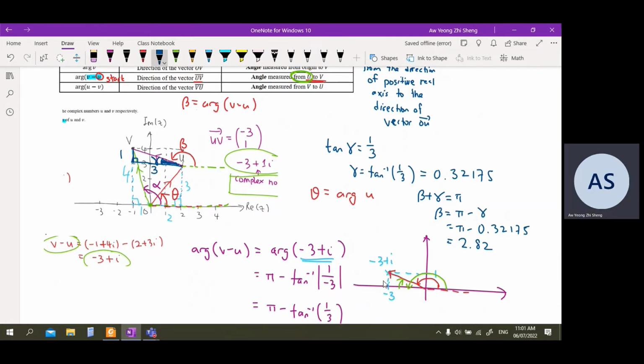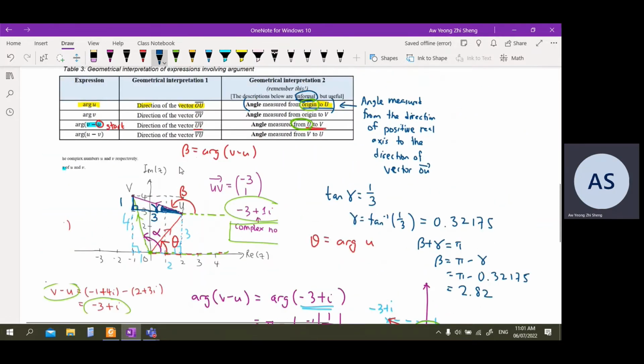So we are now convinced that the method of using the Argand diagram was correct. This geometrical interpretation of the argument of a subtraction between two complex numbers is very important in understanding the locus topic later in this chapter.